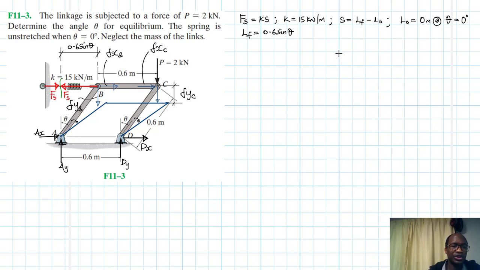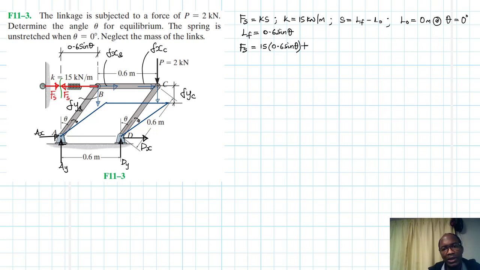That is the stretch, the final length of the spring. Therefore, the spring force is going to be equal to 15 by L final, which is just equal to 0.6 sine theta minus 0.